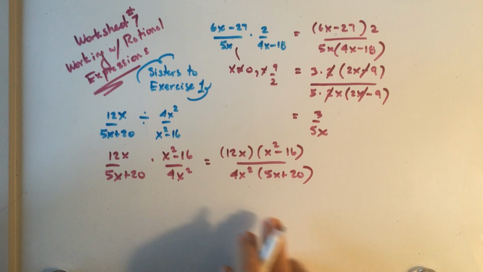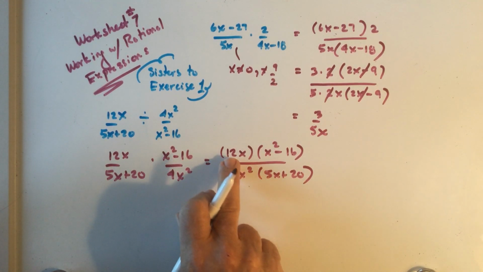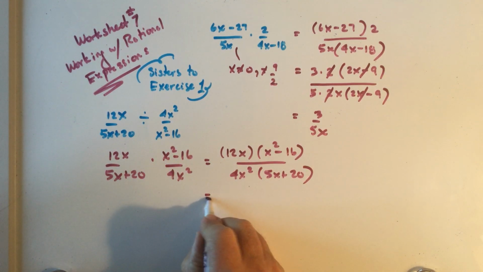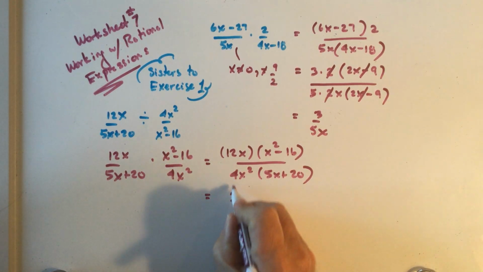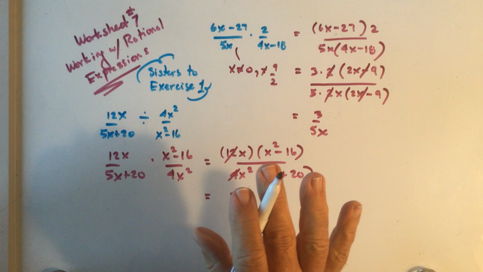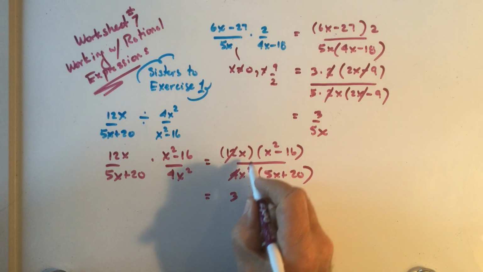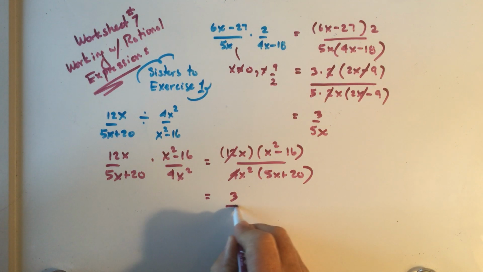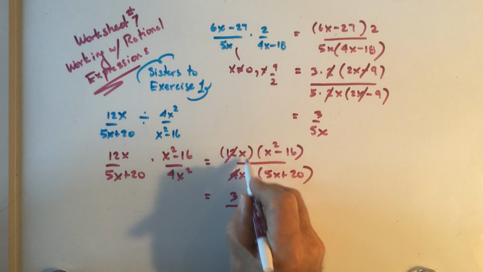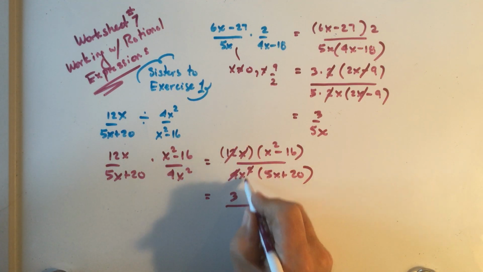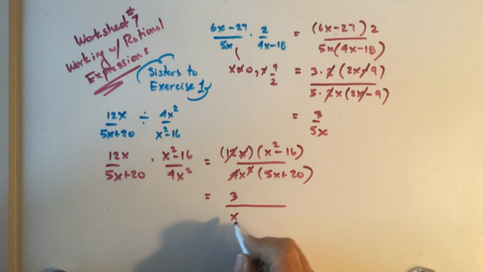This time I'm going to do it like this. I see this 4. This 4 goes into this 12, and it gives you a 3. Let's just tick these things off, indicating that I've dealt with them. This x goes into this x squared. Let me kind of get the fraction set up. This x goes into this x squared and leaves me an x down here.